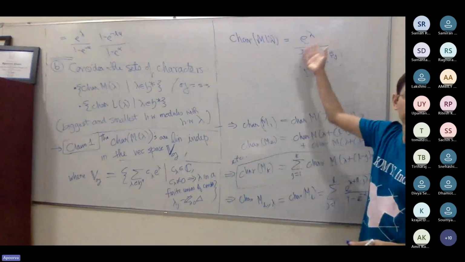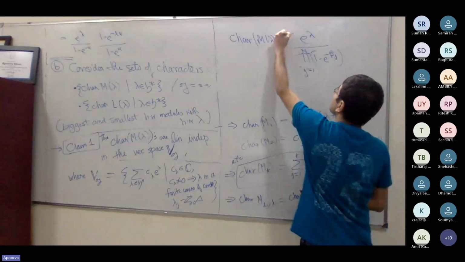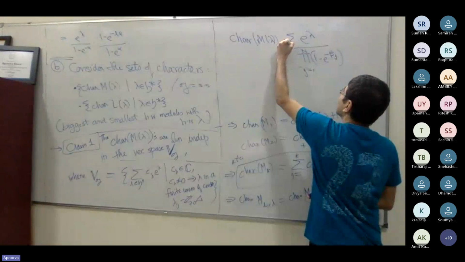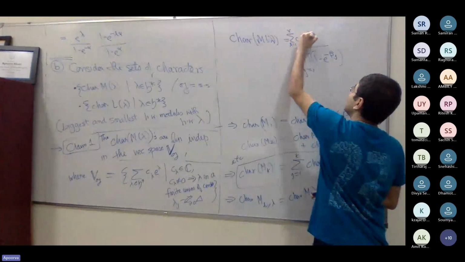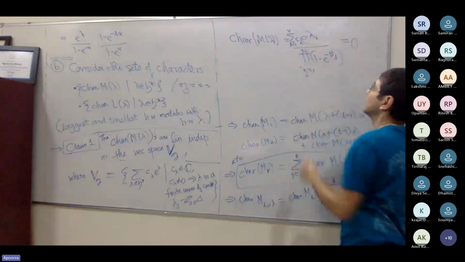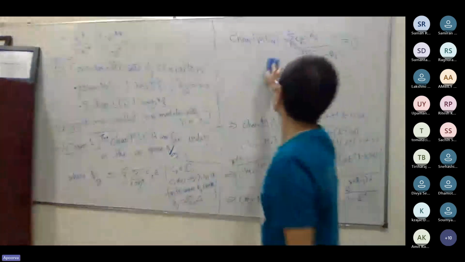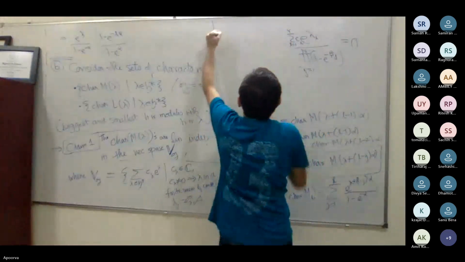And so how can it be that a linear combination is 0 if you have some summation L equals 1 to R, C L e power lambda L equals 0? So proof.